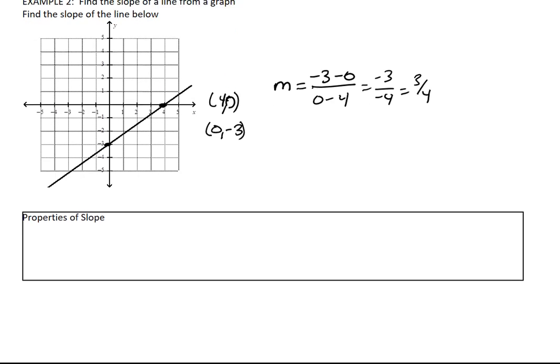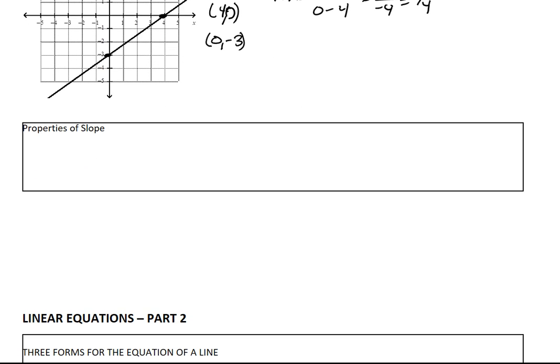Properties of slope. If the slope is greater than 0, the line rises from left to right.